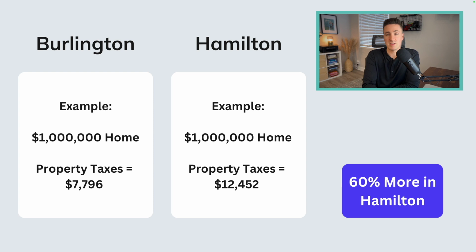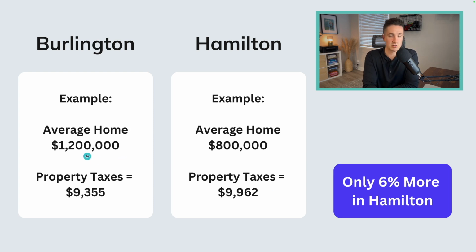But what if we look at the average home price in these cities? Well, like I mentioned, Burlington average home price is around 1.2 million and Hamilton's is around 800,000. And like I mentioned at the beginning, this is something that actually determines property taxes in a city. So somewhere like Burlington that has higher home values, property taxes will actually be a little bit lower. But it's interesting how it works out here.